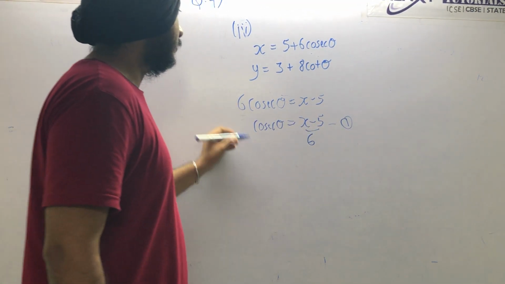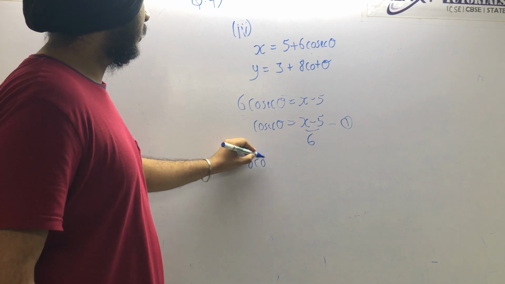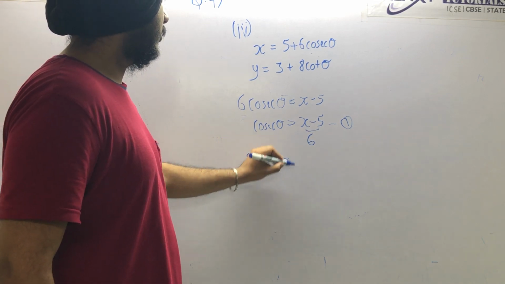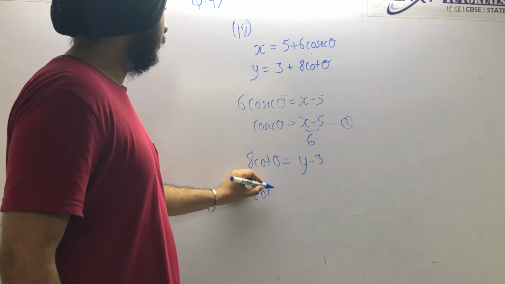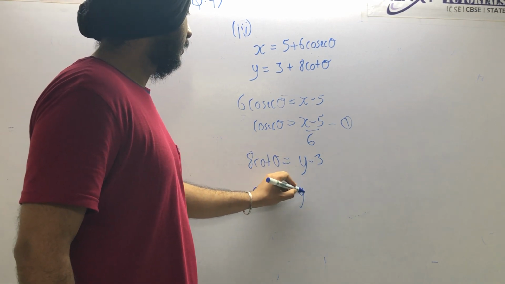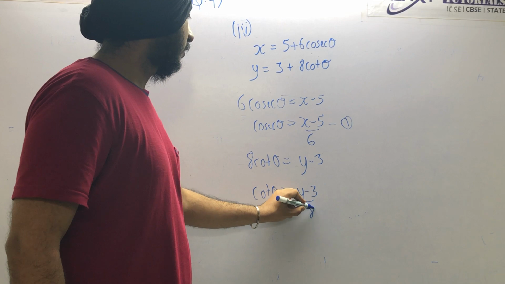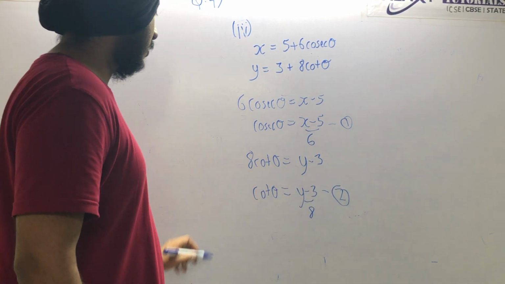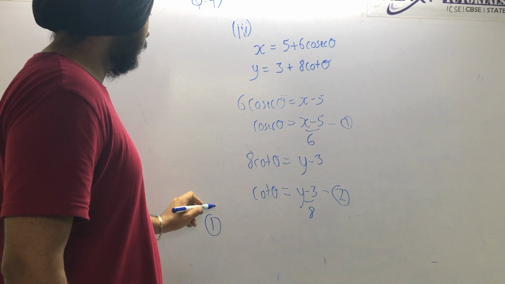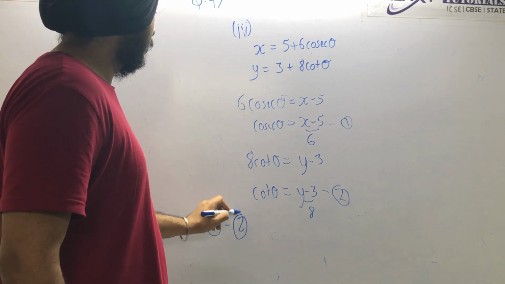Now look at this equation. 8 cot theta will be equal to y minus 3. Cot theta will be y minus 3 upon 8. This is your second equation. Now just simply do 1 square minus 2 square. What will you get?